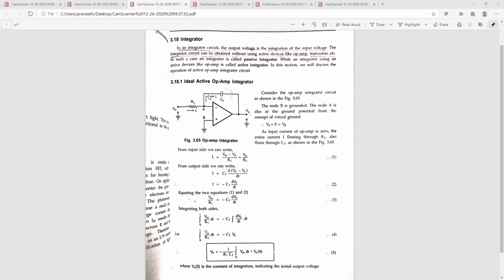This is the current equation from the output side. Is that clear? Since we have the capacitor, we represent it in the form of a current equation.